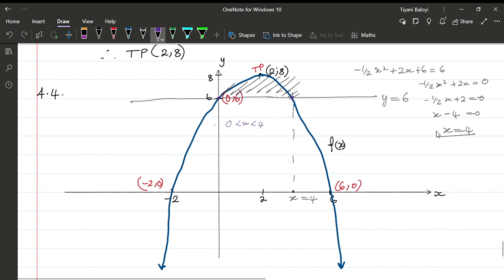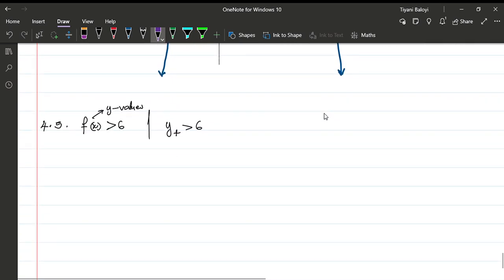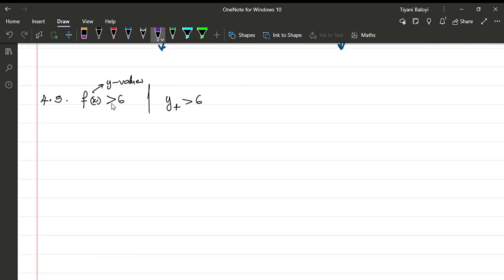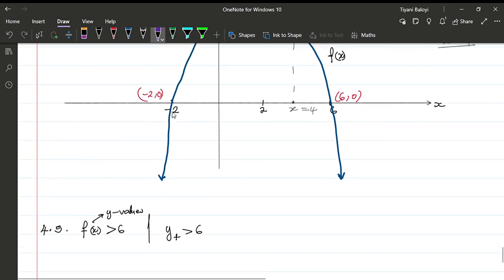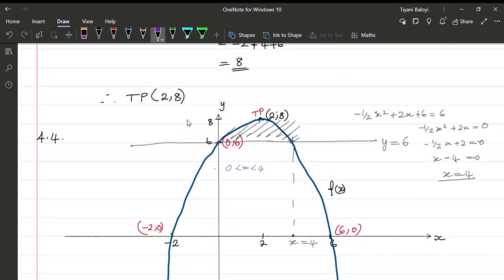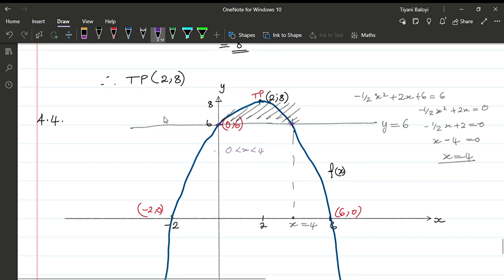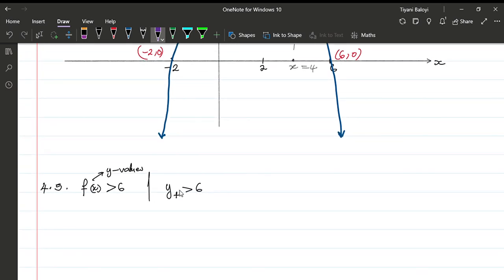But is it greater or equal to 0, less or equal to 4? It's only greater, so it's not greater or equal to, right? Because at 0 the y is equal to 6, at 4 the y is equal to 6, right? So it cannot be equal; the values are greater, not greater or equal to.